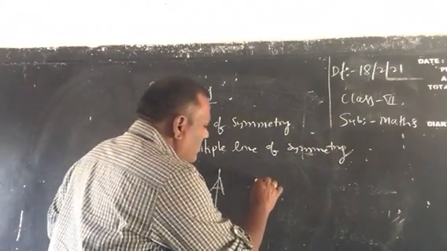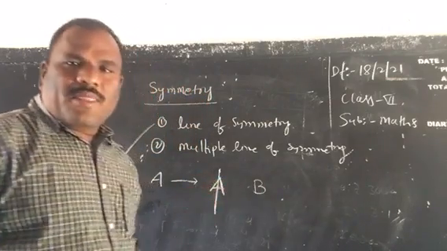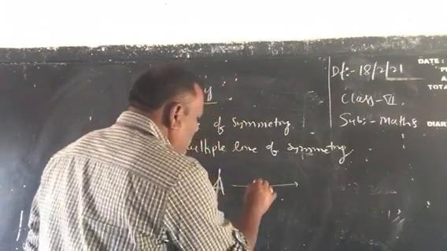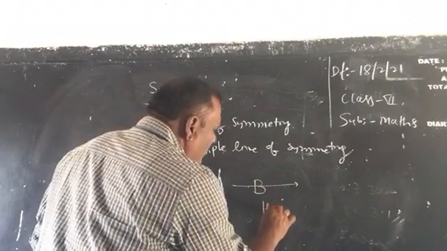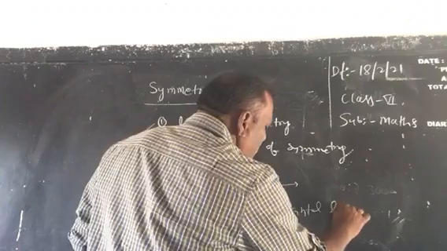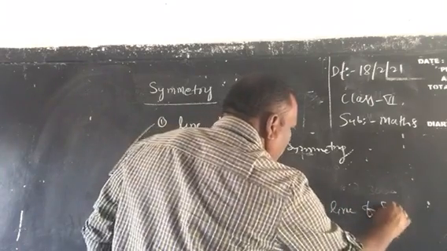Suppose we take one more, children, letter B. If you draw a line like this, it is called a horizontal line of symmetry.